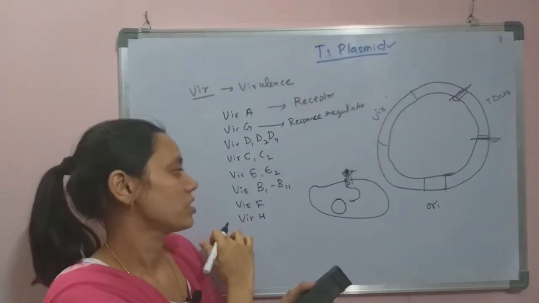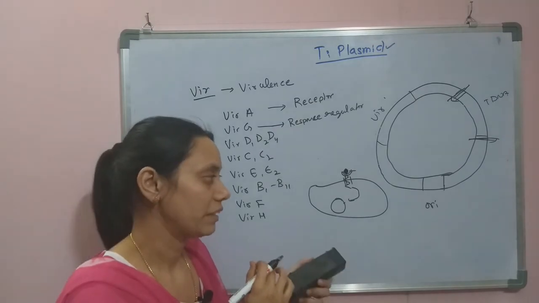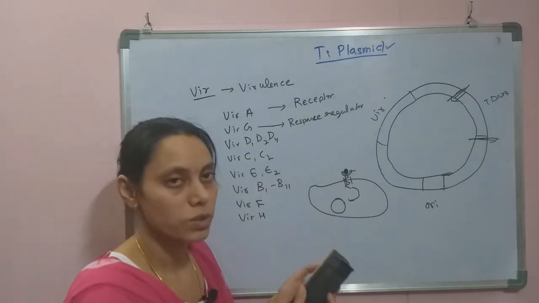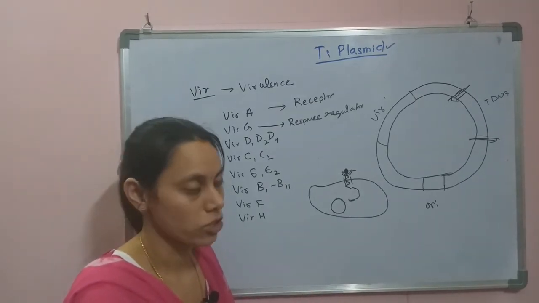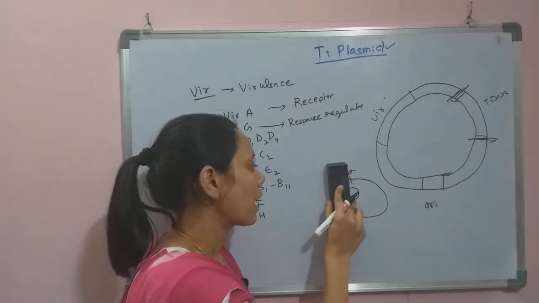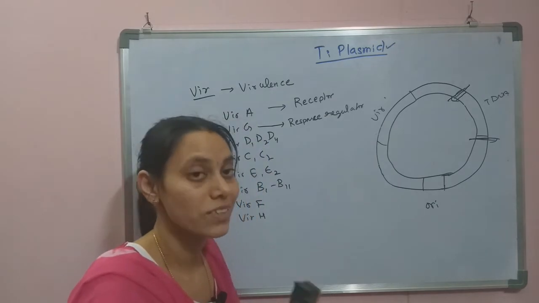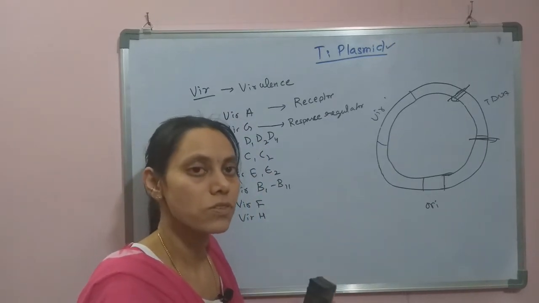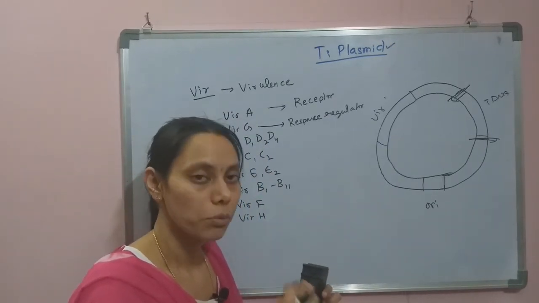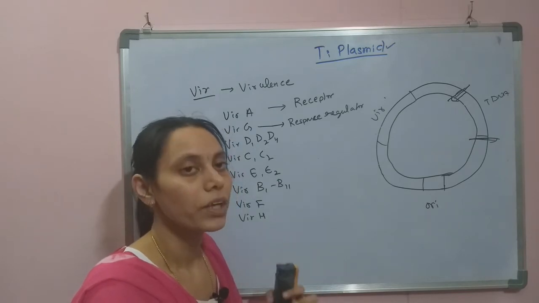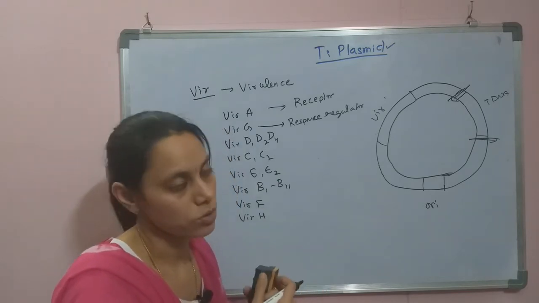All these genes present in the Ti plasmid are responsible for the agrobacterial infection. So once the agrobacteria got information that there is a plant, that means it senses the presence of plant, it will go by chemotaxis, and it will go and bind with the plant root system.